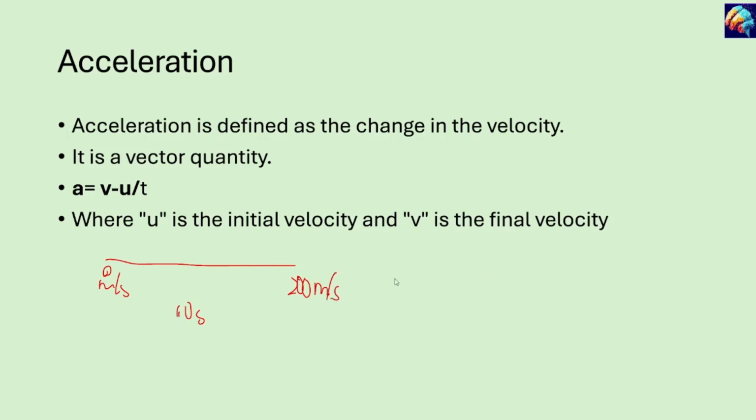So the acceleration would be 200 minus 0 over 10. So this would mean the 0 would cancel, and the acceleration would be 20 meters per second square. Meters per second square is the unit of acceleration.